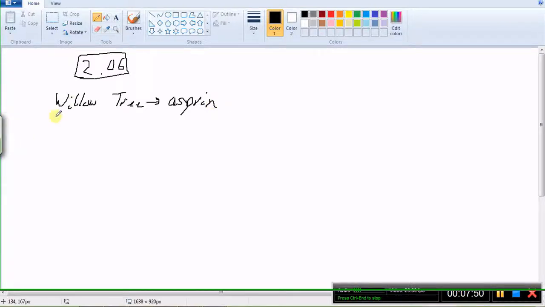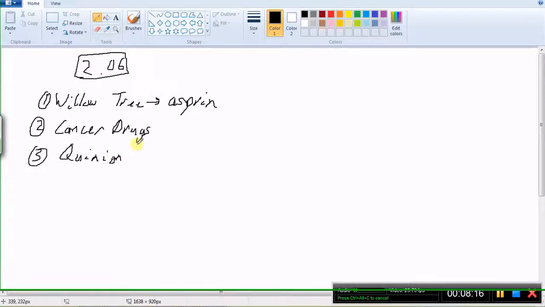We get a lot of cancer drugs. Cancer drugs come from a lot of natural sources, right? The malaria drug, it's spelled quinine, I believe.